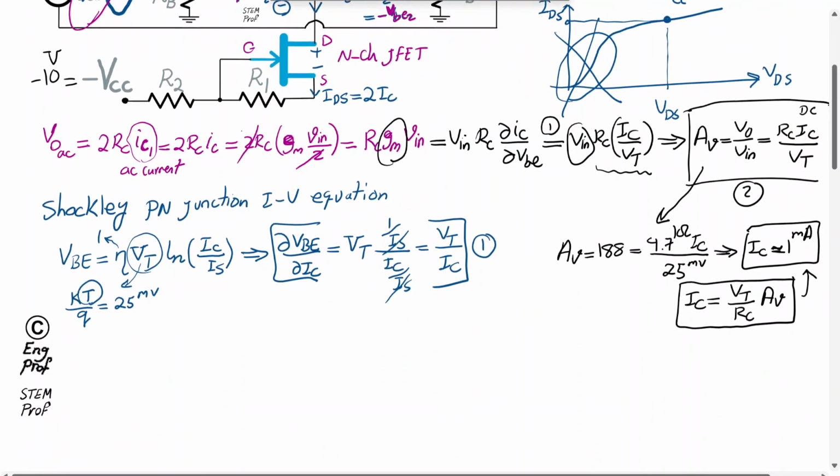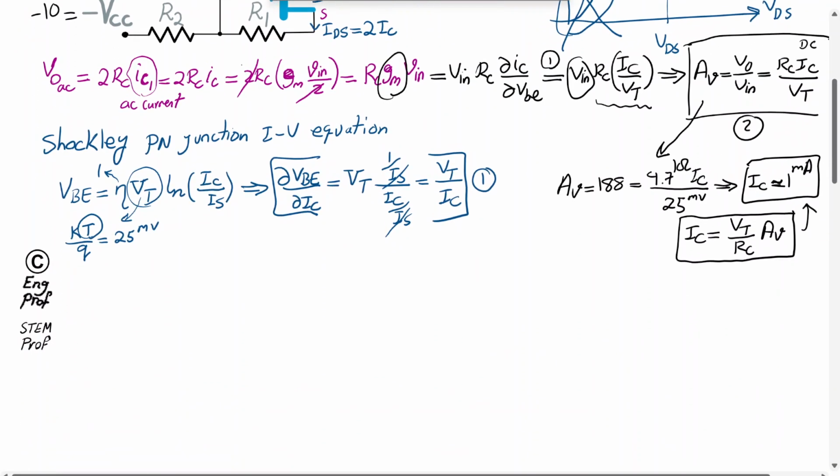So IDS DC, I'm going to write it here using equation 3, which we got to the result of 1 milliamp. Using equation 3, we know that IDS is 2 times Ic, the DC current of the N-channel JFET.